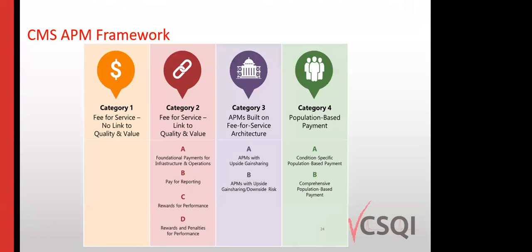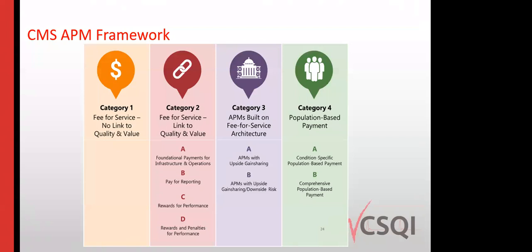So in a 3A, your upside gain is limited because there's no downside risk, but in the 3B, as you get more advanced and are able to manage the downside portion of that, you could have higher gain sharing on the upside, plus the 5% that you already would have achieved by participating in an advanced alternative payment model.